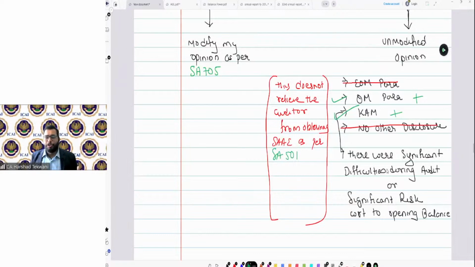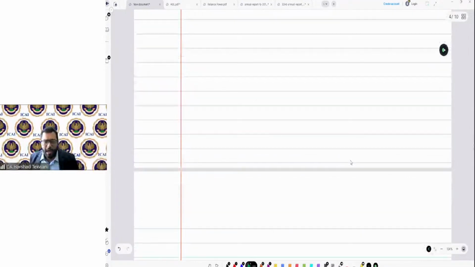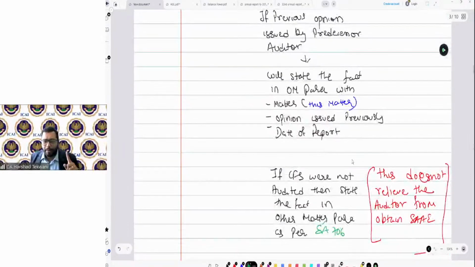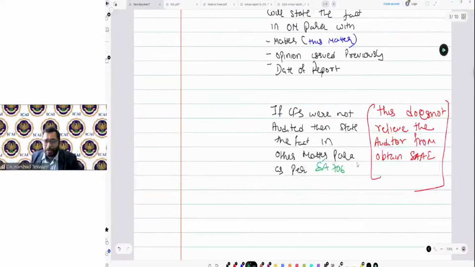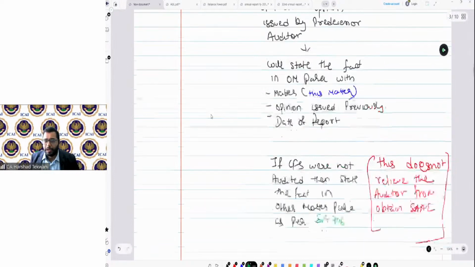So still I'm responsible to obtain sufficient and appropriate audit evidence regarding the opening balance as per SA 501. And same here, I'm supposed to obtain sufficient and appropriate evidence with respect to the comparative financial statement where I'm issuing an opinion. Clear?